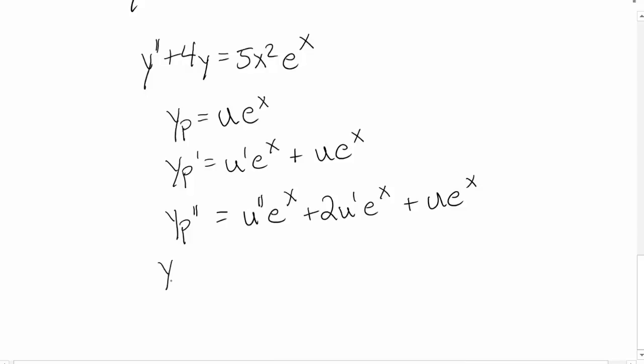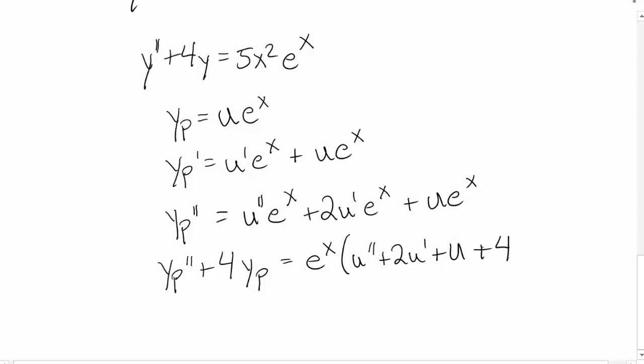If you plug those into the left side of the DE, and I'll factor out the e to the x, you get the following. So e to the x times, second derivative is u double prime plus 2u prime plus u, and then 4 times the particular guess, which again, factoring out e to the x, you just have 4u.